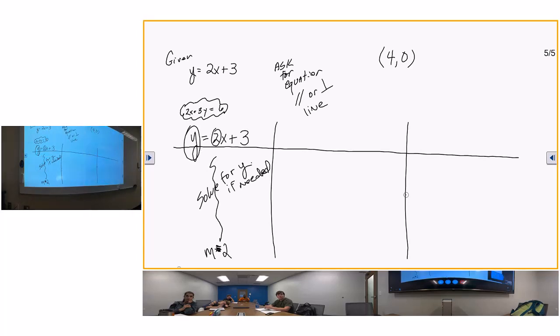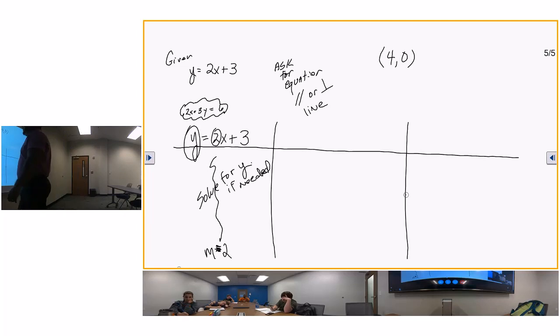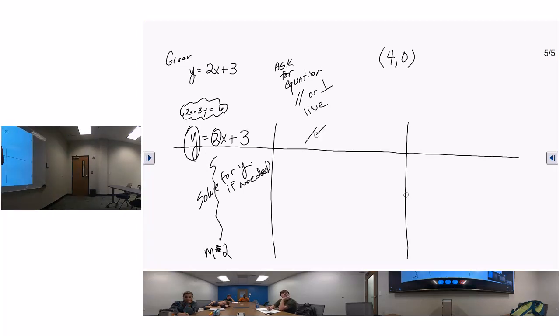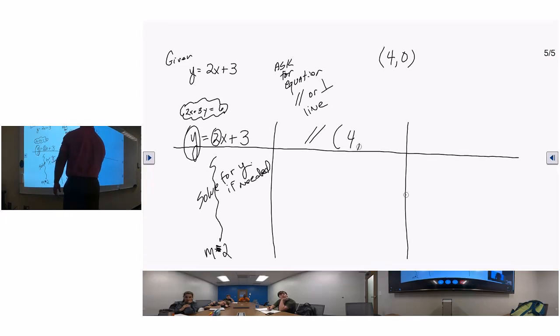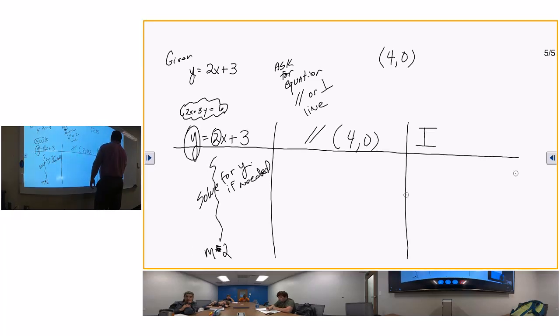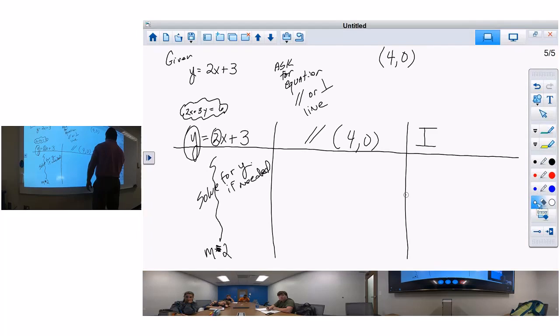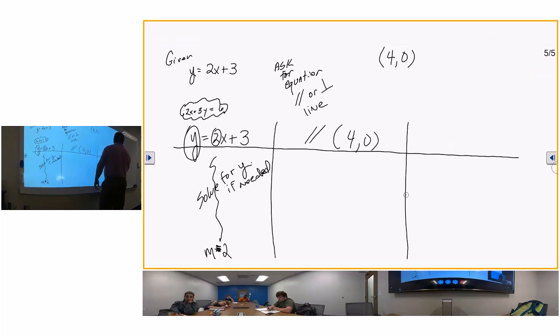Now, for a parallel line, and I tell students to do both for extra practice, so that's why I got it set up like this. For a parallel line that goes through the point 4 and 0, and over here for a perpendicular line through 4 and 0.